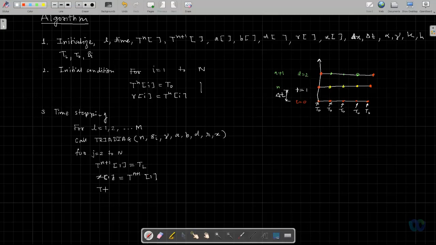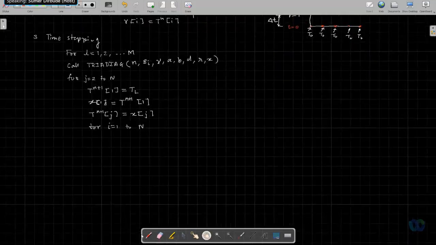So in that sense, Tn plus 1 j equals xj. And then use another for loop for i equals 1 to n, Tn i equals Tn plus 1 i.